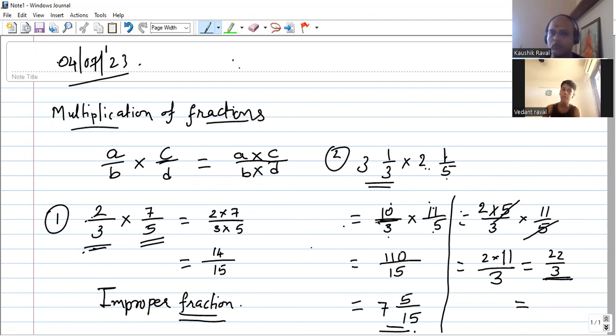Which number is close to 22 in the 3 table? 3 sevens are 21. 21 subtracted from 22, what is left? 1. 1 is your numerator and 3 is the denominator. Here also you can do it. 5 ones are 5, 5 threes are 15. So the final answer will be the same: 7 and 1 by 3. You get the same answer. Okay?